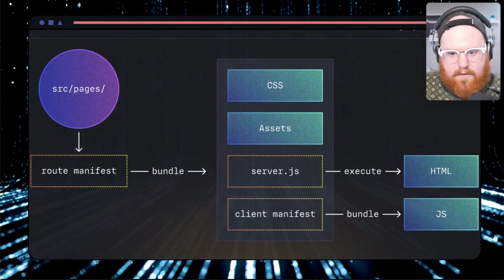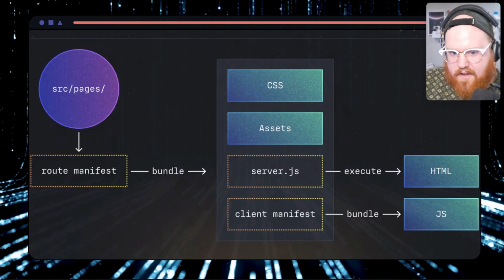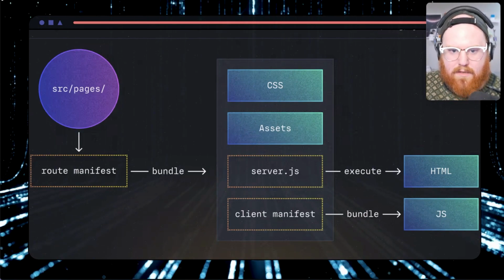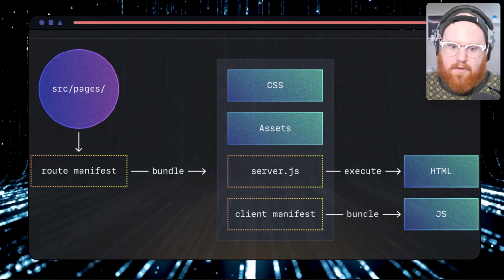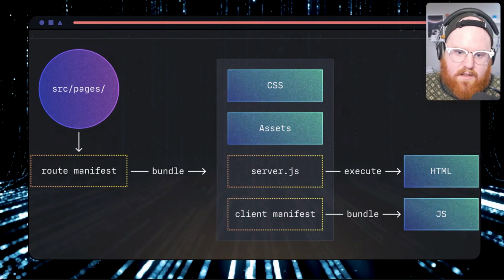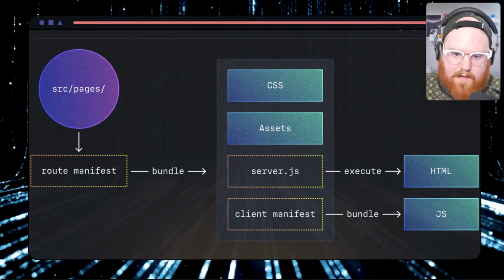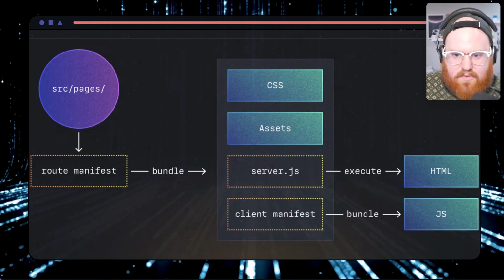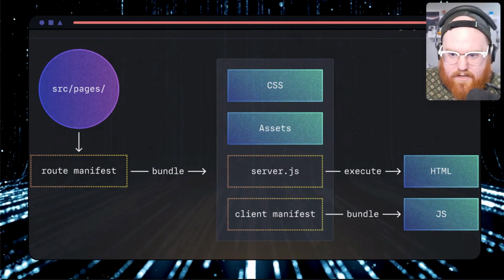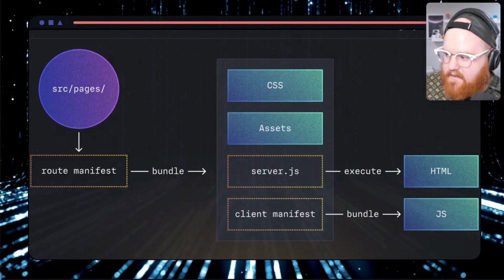So this was an early static build process where we bundle everything. We do a two-stage build. So the first pass gives us our server output and a client manifest, and then we bundle that for client-side JavaScript, and the server we execute to generate HTML.